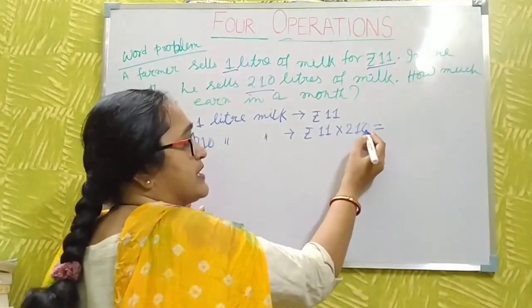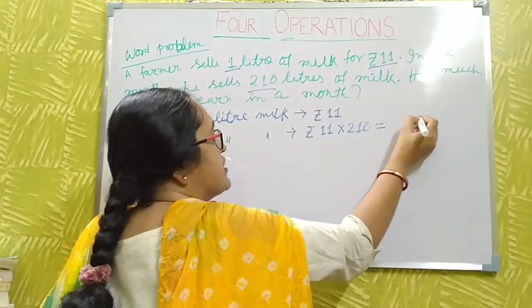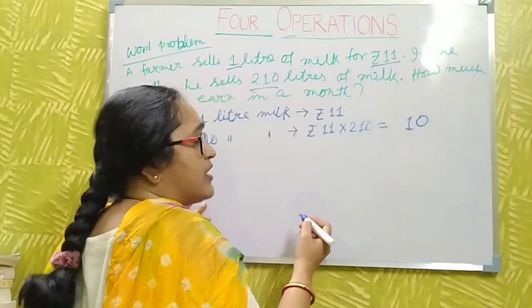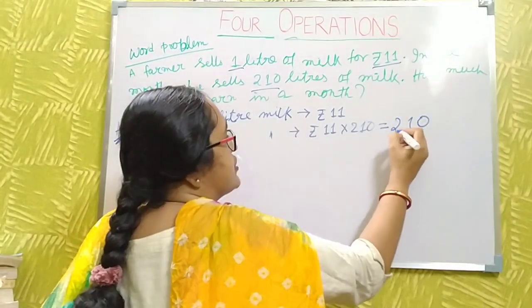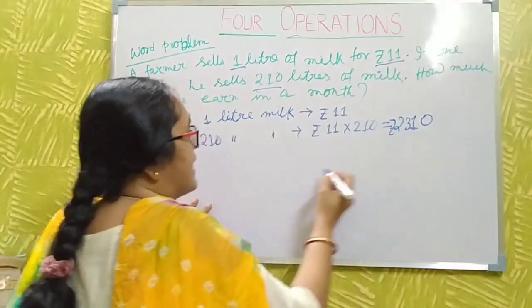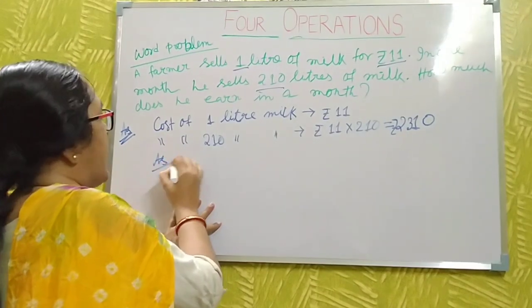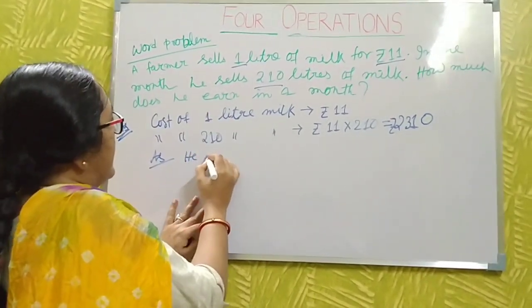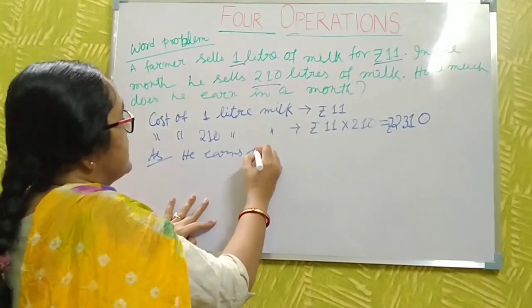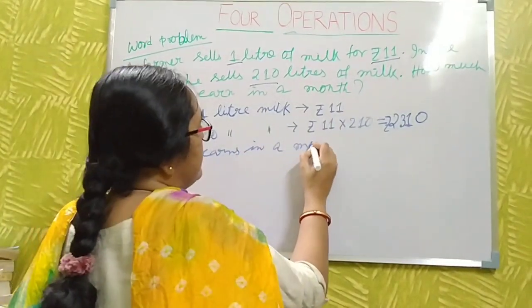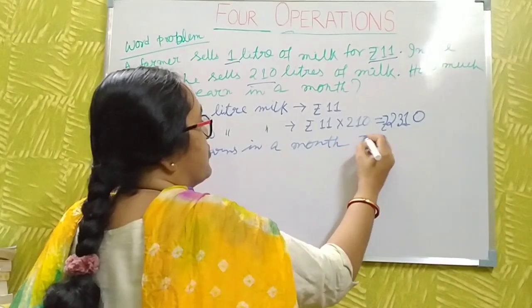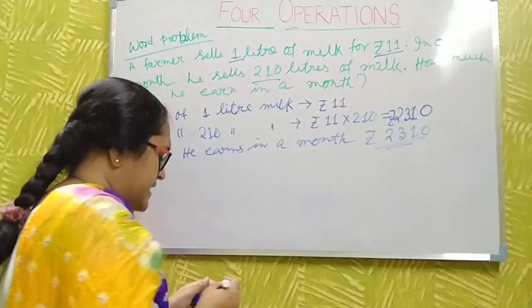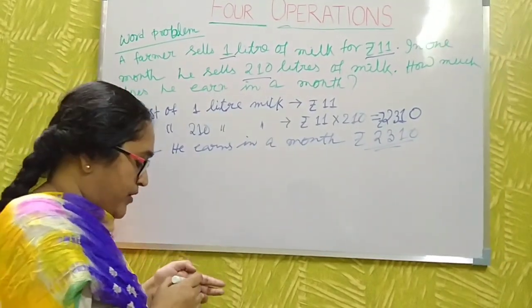When you do the multiplication by 0 here, you just put 0 here. 11 ones are 11 and 1 carry. 11 twos are 22 and 1, 23 also. Then the answer becomes: he earns ₹2310 in a month. This is the pattern of writing of the word problem.